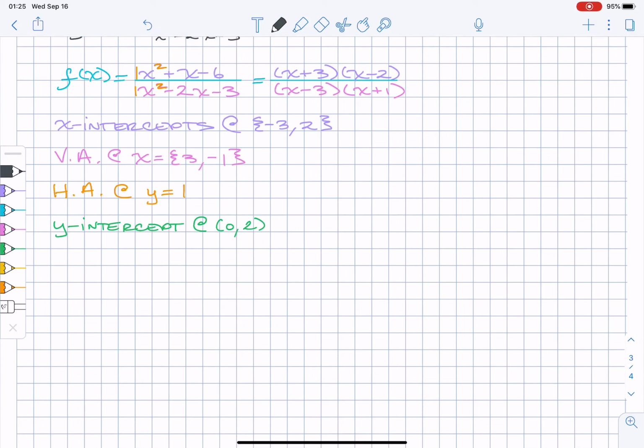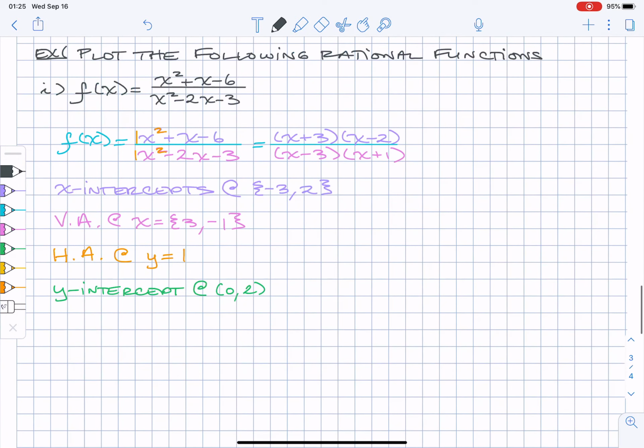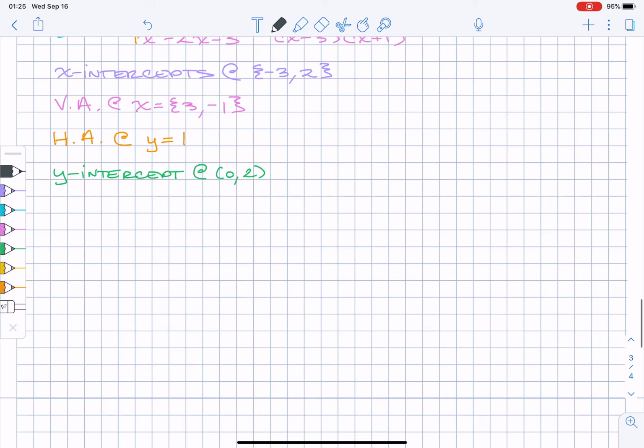So x and y coordinate axes. Let's see. Yeah, I think I'll just put it down here. Nope. Why is it not auto-correcting?